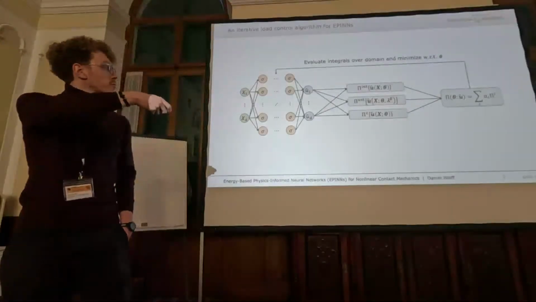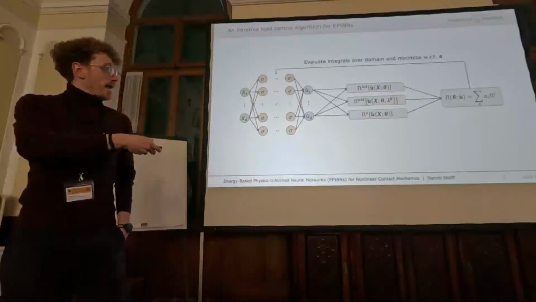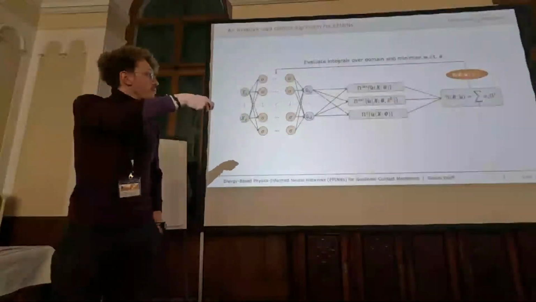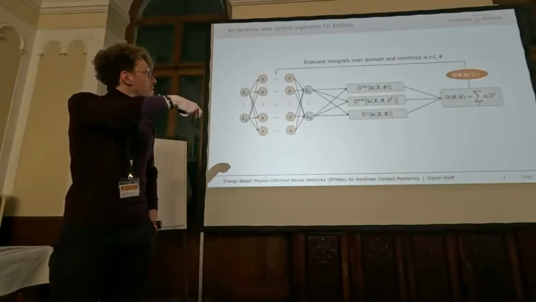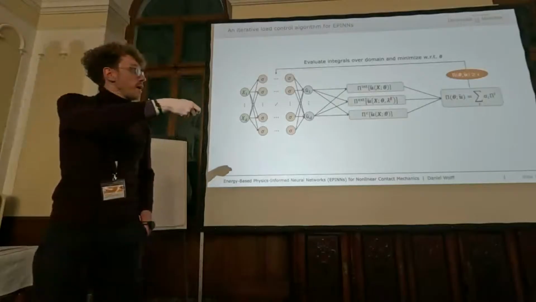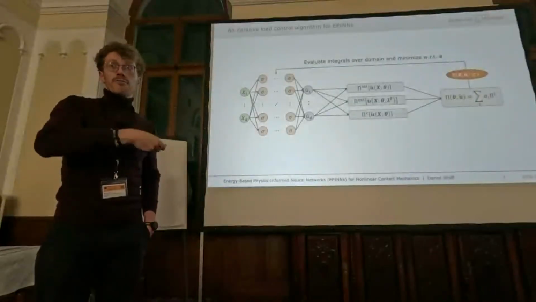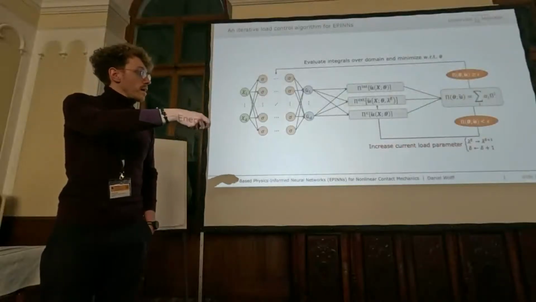So I have this load parameter lambda and the load step delta. And now what we do is basically check if, for a given load parameter, we manage with this optimization loop to go beyond some predefined threshold epsilon. And if we manage, then we increase our load parameter.